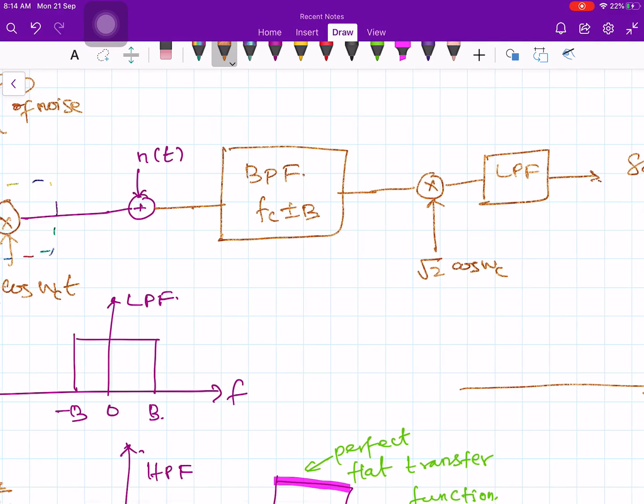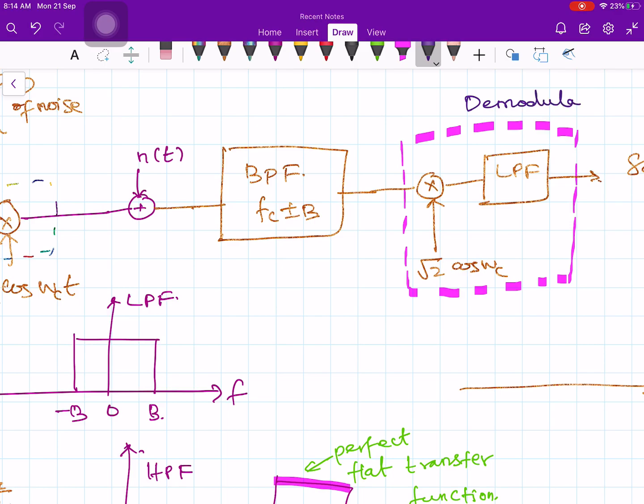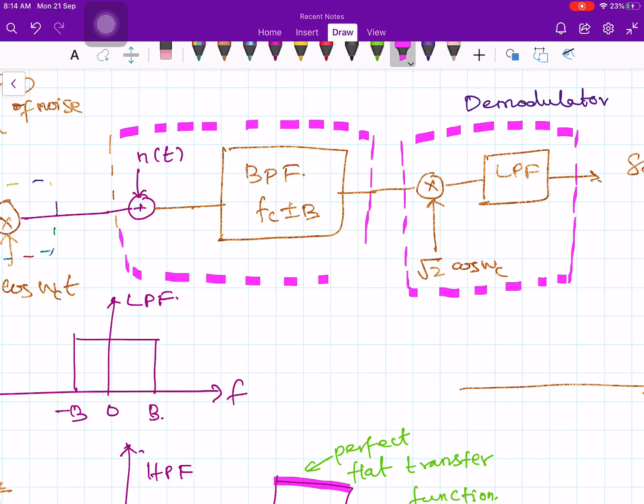Okay, so what is this? This is my demodulator, and this whole thing I can say is the front end of the receiver, or I can say channel.